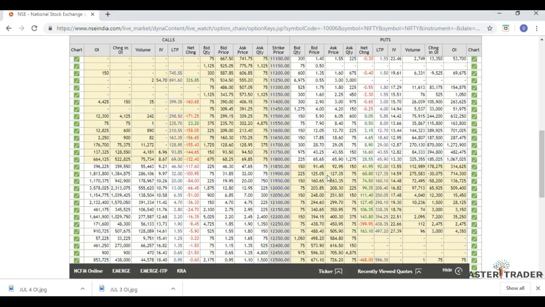So this data gives us a good understanding of where the big players are making their positions, what the good support and resistance levels are, and where these big guys are really entering. This data will give us an indication that at this particular level, this is happening. So based on that, we can infer that the market will tend to go in this direction. So it's all just about interpreting this data.